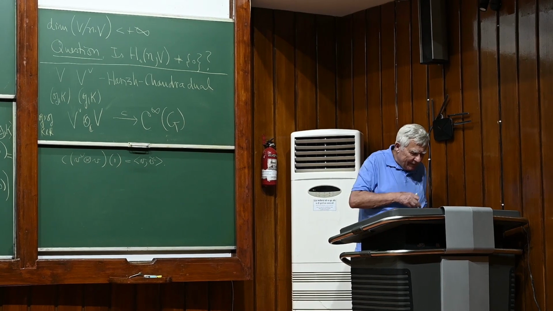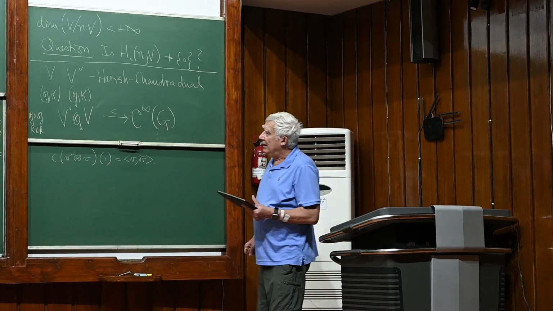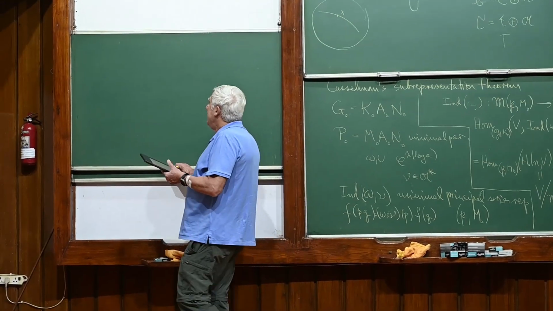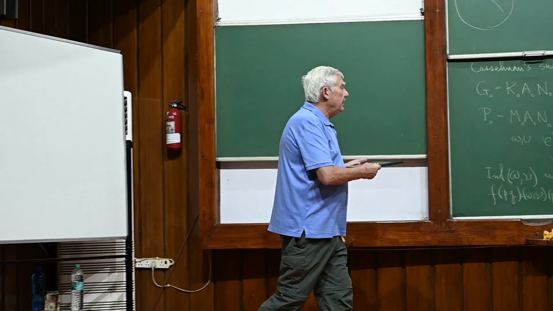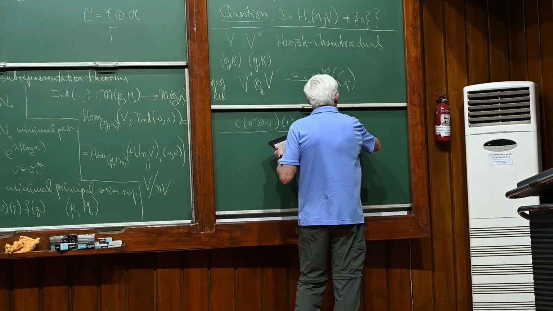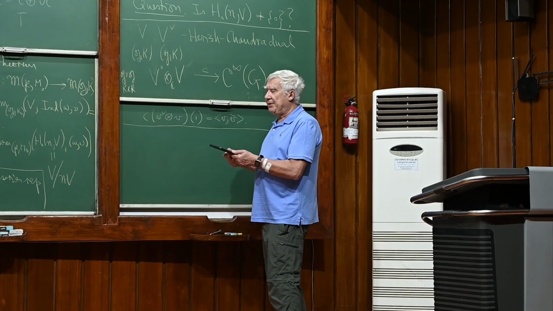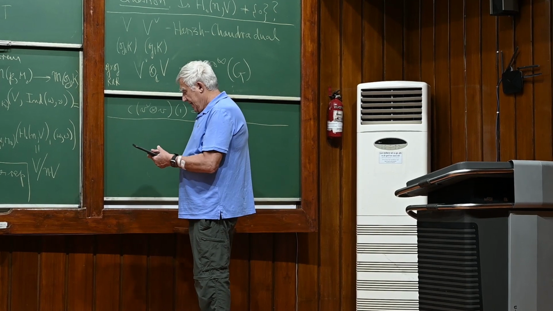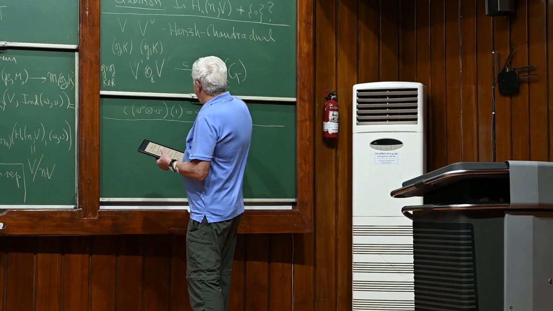So now let me do a construction or calculation with these matrix coefficients. Okay, maybe I can start here. Just to give you the idea what is happening if this question has a negative answer.